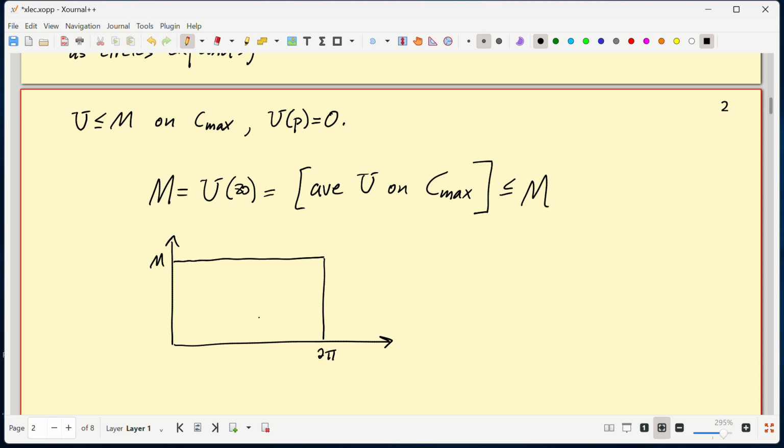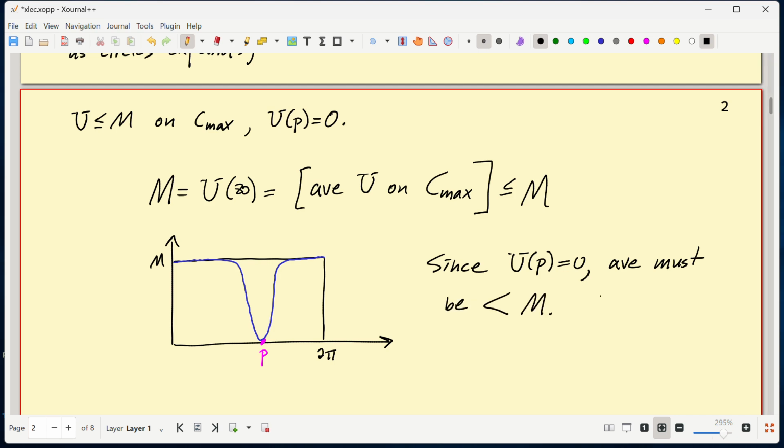And if it dips down to 0 right here, there's no way that integral can be equal to M. So since capital U of P is 0, that average must be strictly less than M. And that's a contradiction. Okay. So M can't be positive.